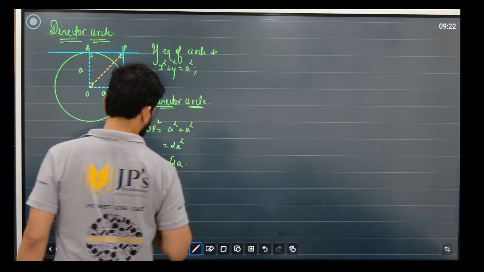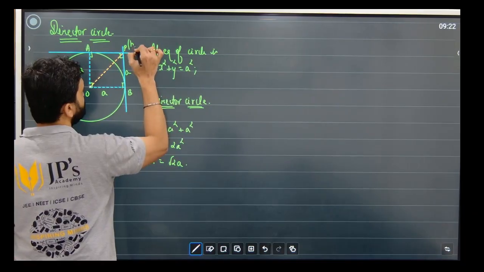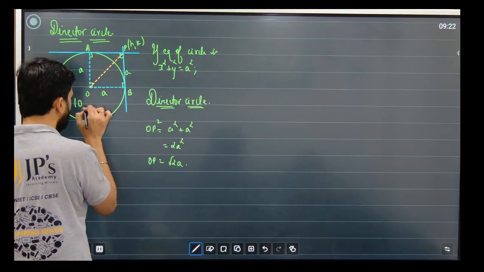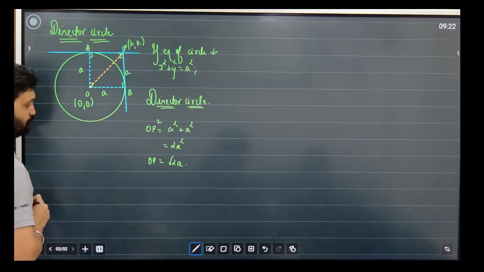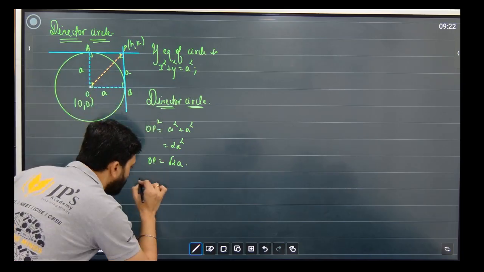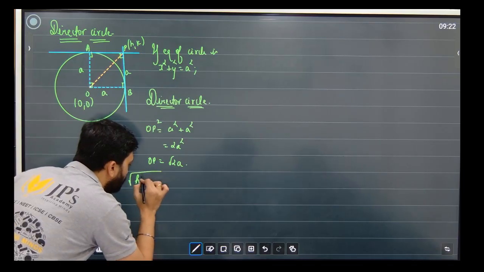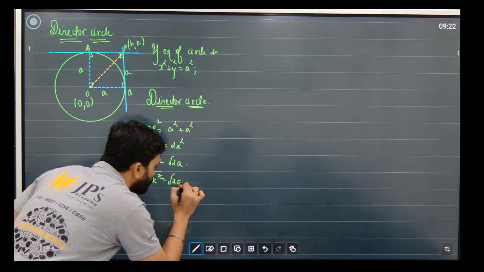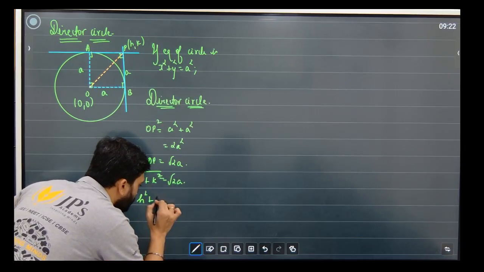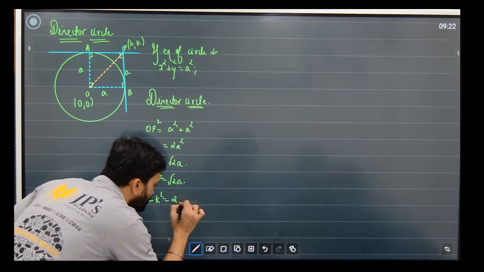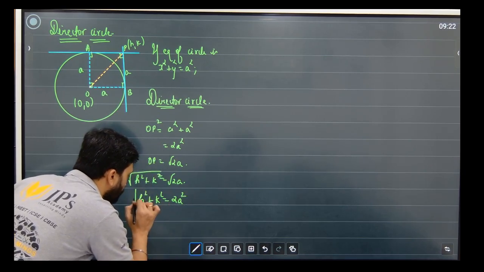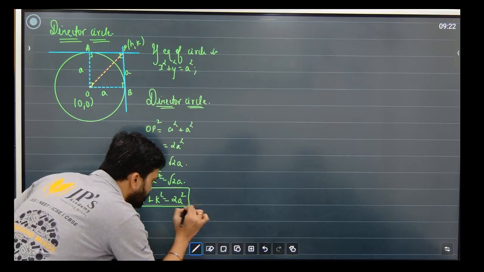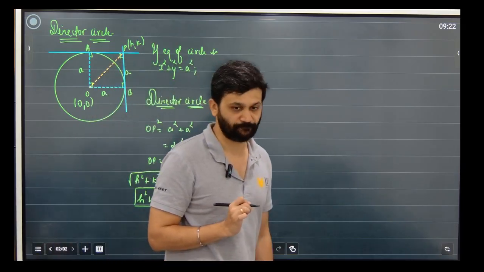Now imagine I take P's coordinates as h comma k. My center is 0 comma 0. And if I solve OP by distance formula, it will become under root of h square plus k square is equal to root 2 a. So h square plus k square is equal to 2a square. This is the equation of director circle.